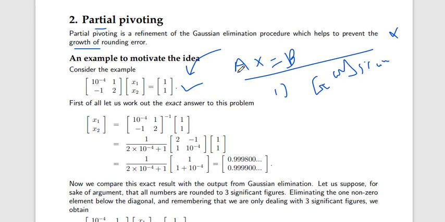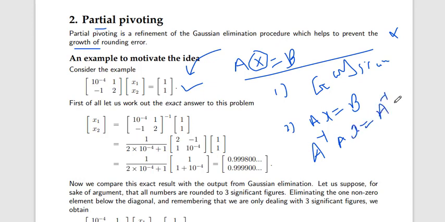Then we will get the values of x1 and x2. You can also find the value of x by a different method. How? Here you have Ax is equal to b. You can multiply both sides by A inverse. A inverse into Ax is equal to A inverse b.